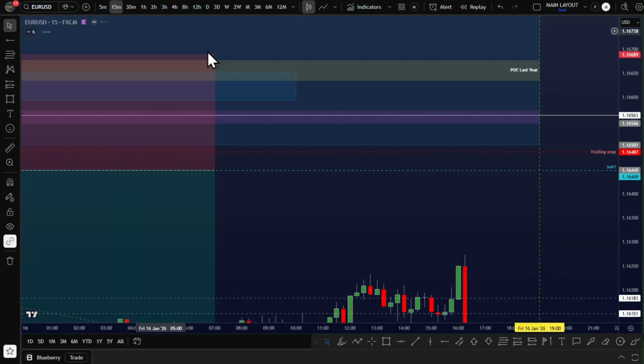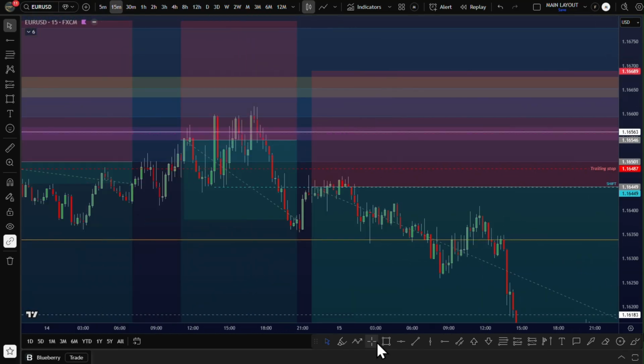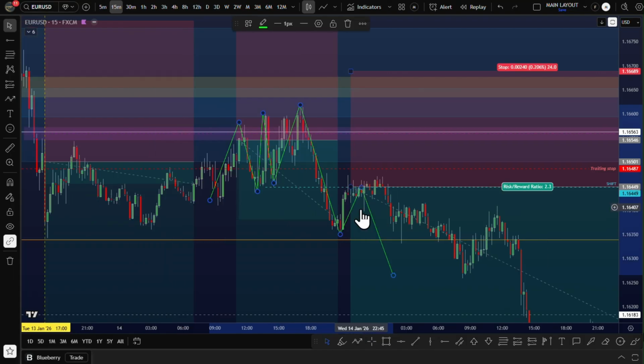Let me go to the 15 minutes so you can see it clearly. You see, I have this kind of structure. I was waiting for this break. I put some alerts on this blue line to notify me when price breaks this line, in order for me to add another trade on this one.